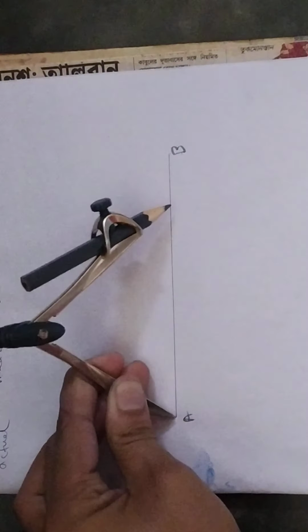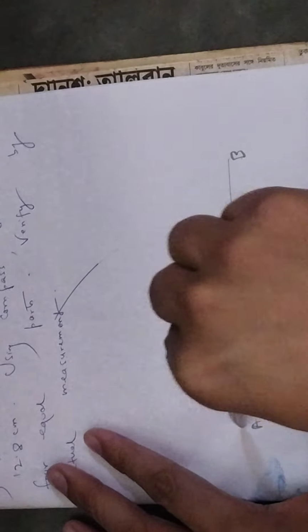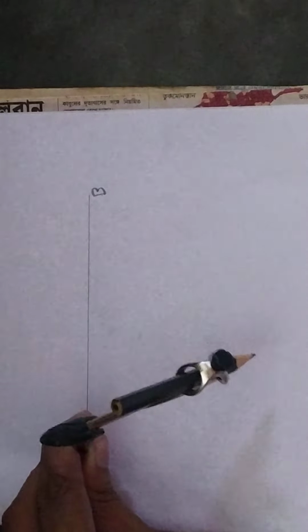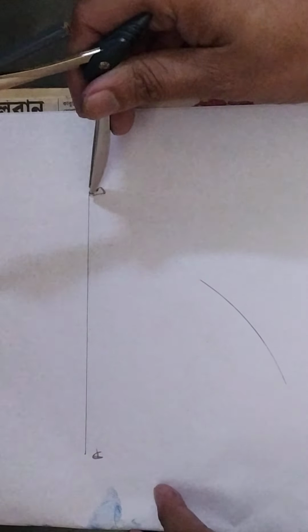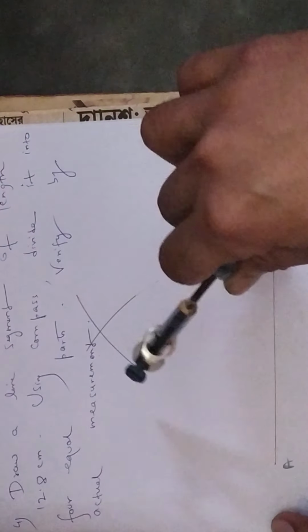First, the same procedure. First, you have to draw the perpendicular bisector. You have to take more than half. Suppose this is more than half I have taken. At the top, here you have to draw one arc. And below also, here you have to draw another arc. Now with the point B also, same thing. You have to draw at the top one arc, and below also, another arc.